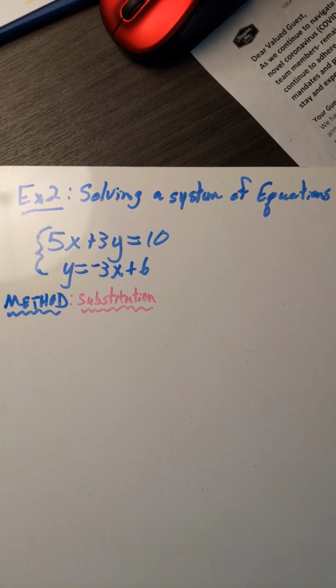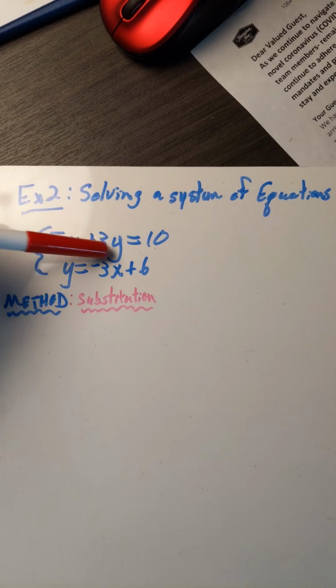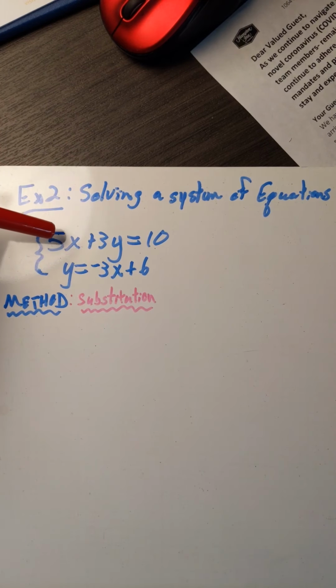And so, as before, we have to look and see if there is a variable that is set equal to some other quantity. In the first one, that's not the case. We have 5x's plus 3y's equals 10. So neither one of these variables has been solved for. But in the second equation, we see that y is by itself.